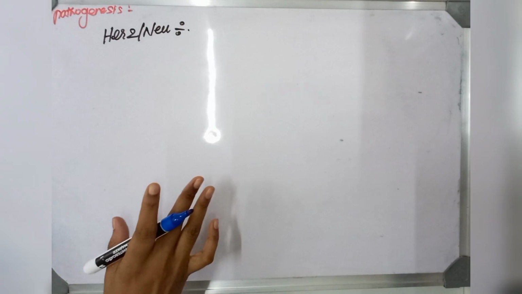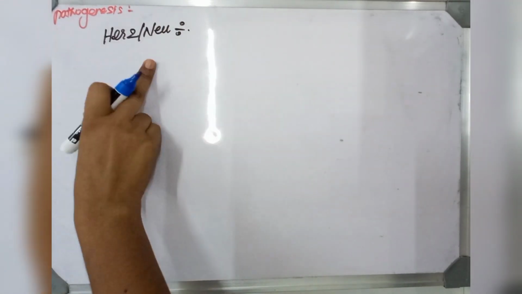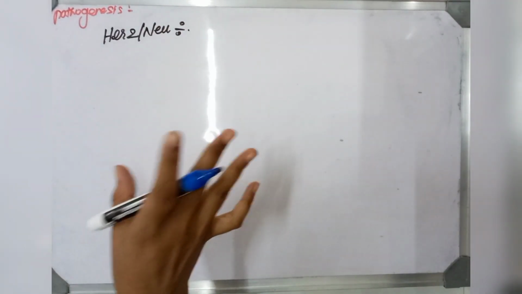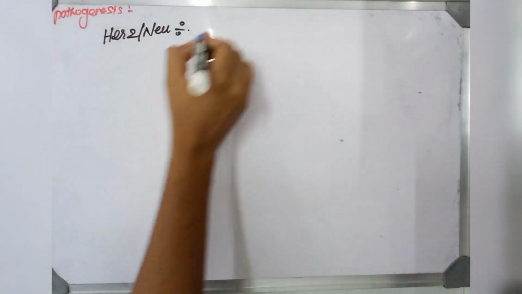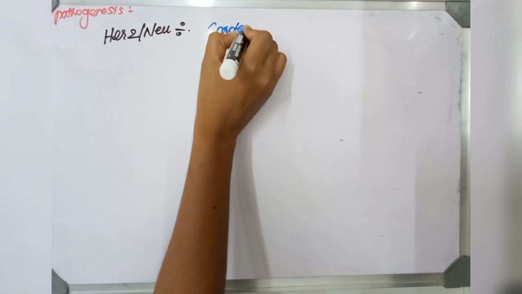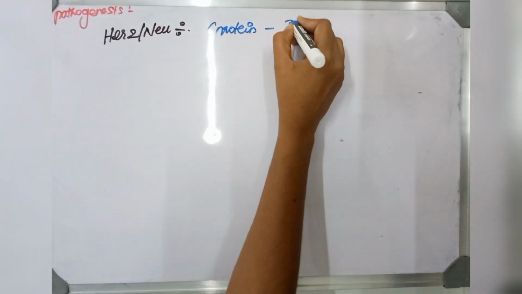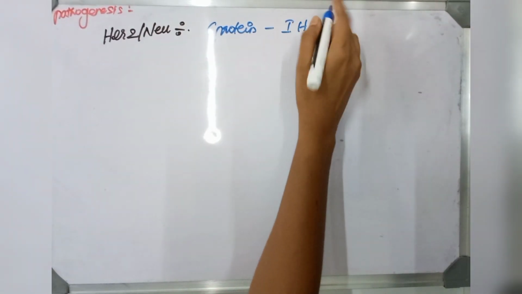And we are going to see a little more elaborated points about HER2/neu. That is most important. It is actually a protein that can be identified by IHC. What is IHC? Immunohistochemistry. So simply, it is a protein which is identified by immunohistochemistry.